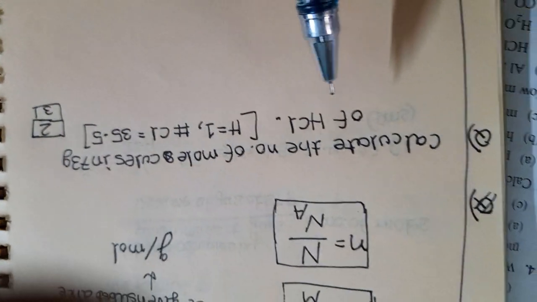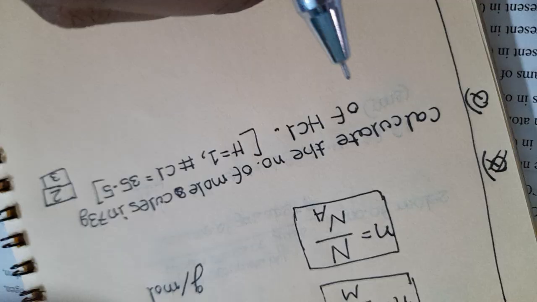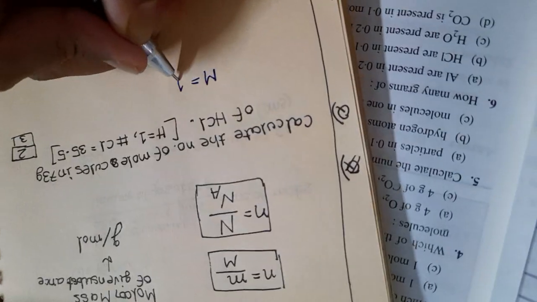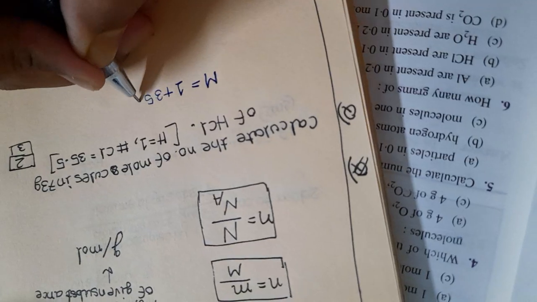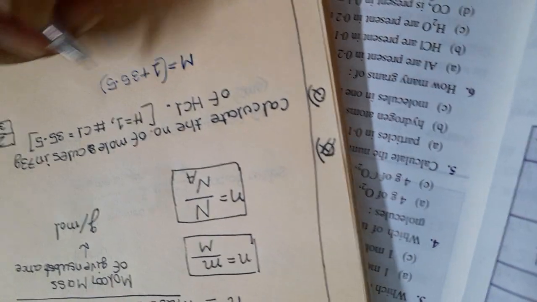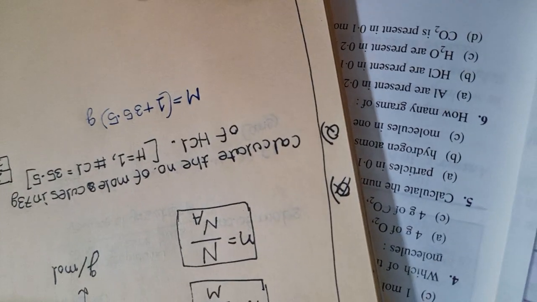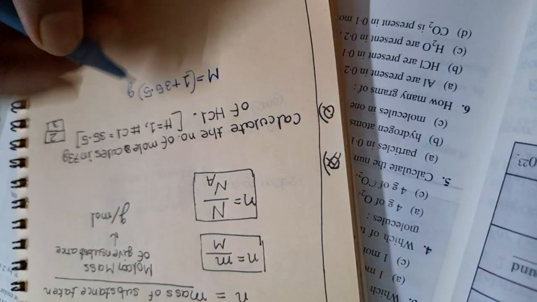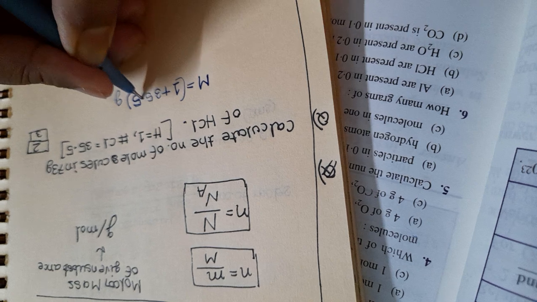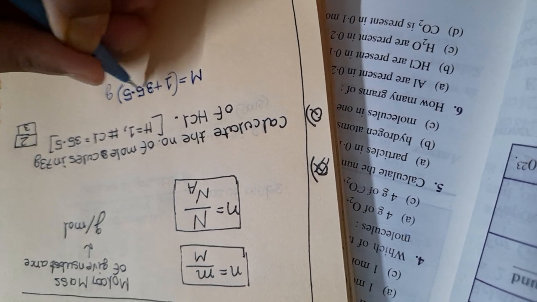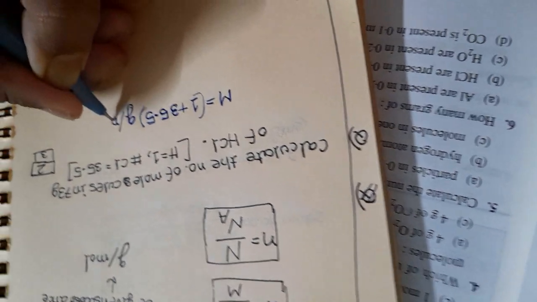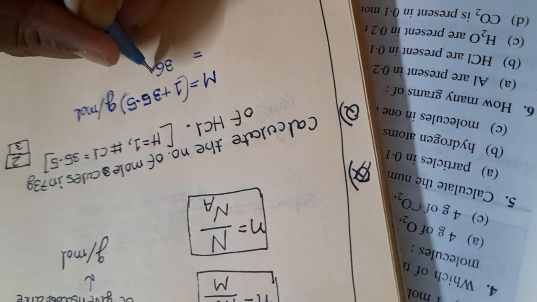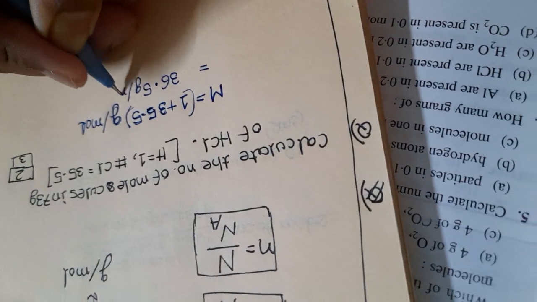So number of molecules in 73 grams of HCl. First write molar mass is 1 plus 35.5, 36.5 gram per mole.